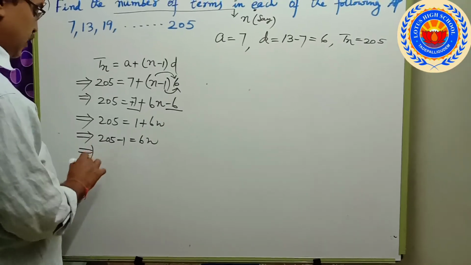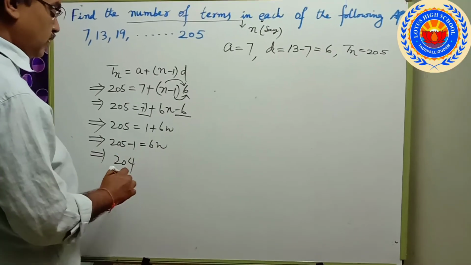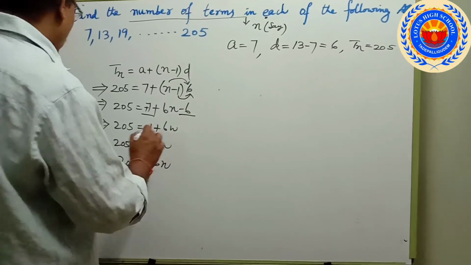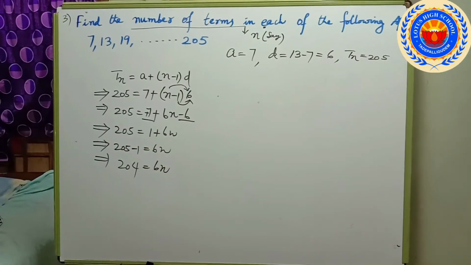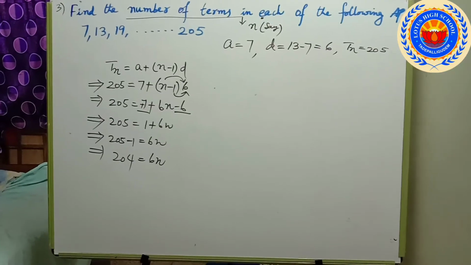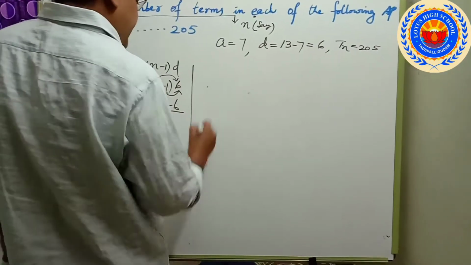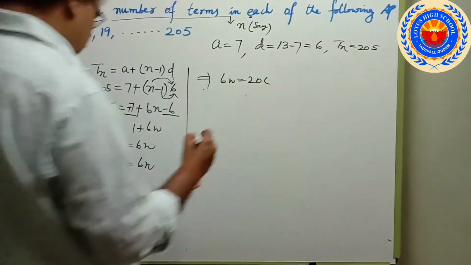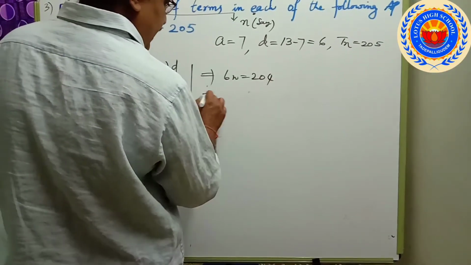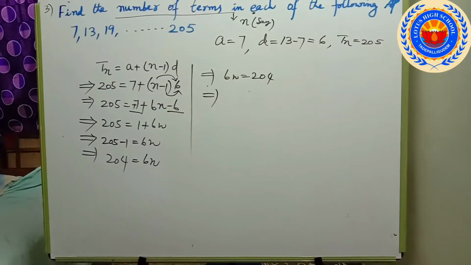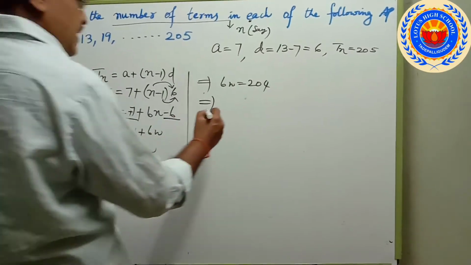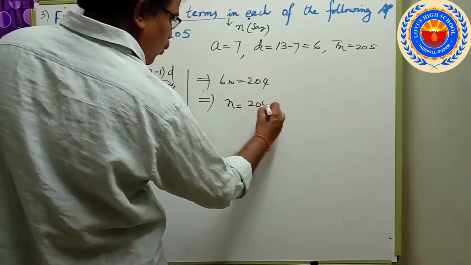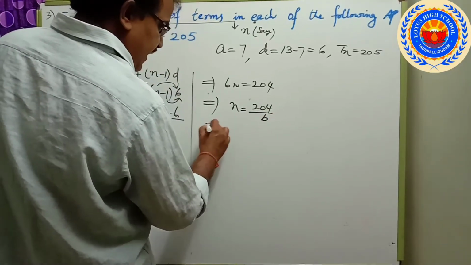That implies 204 is equal to 6n. 6n is equal to 204. 6 into n is equal to 204 by 6.